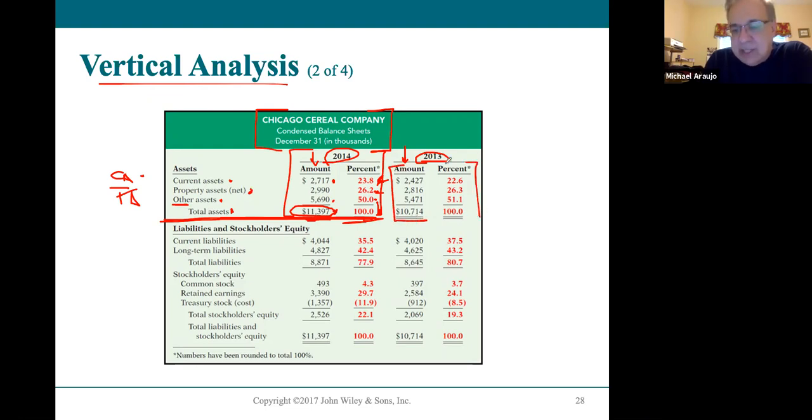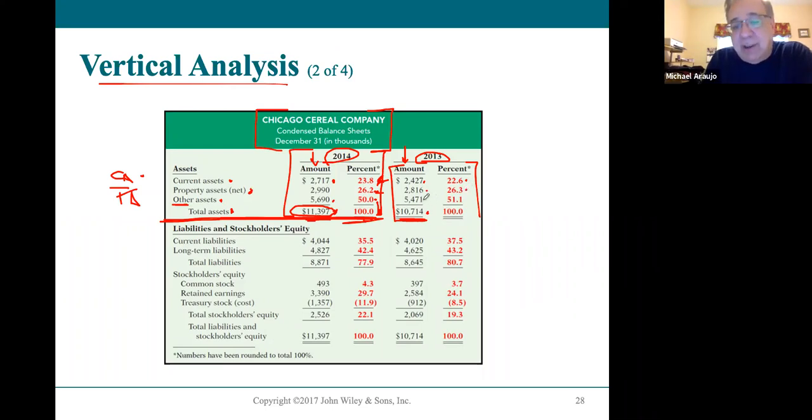Okay, so in 2013, they had $10,714 of total assets. So the current assets divided by the total assets means the current assets are 22.6% of all the assets that company had in 2013. Their property assets were 2,816 over total assets of 10,714, which means their property assets were 26.3% of all their assets that year.